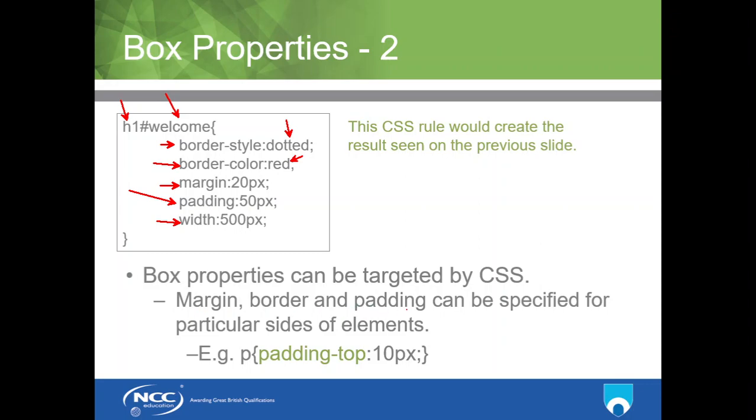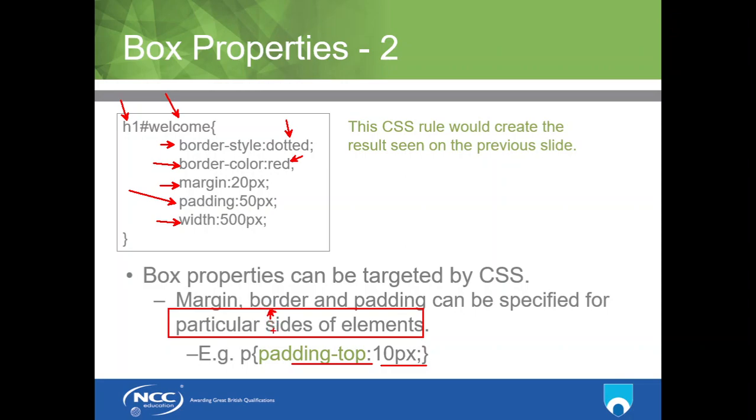Margin, border, and padding can be specified also for particular sides of the elements. So you see, you can use padding top 10 pixels. So we just want to affect the top padding. We want the top padding to be the distance between the border and this content.